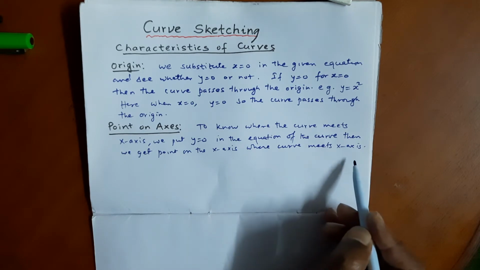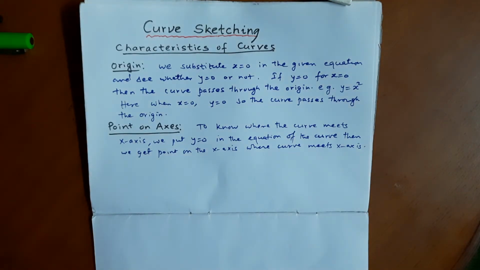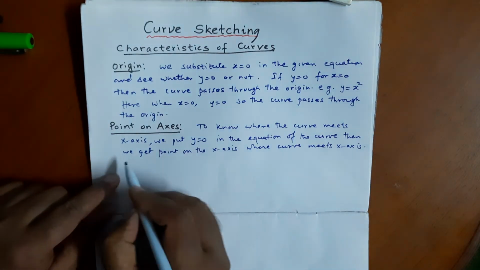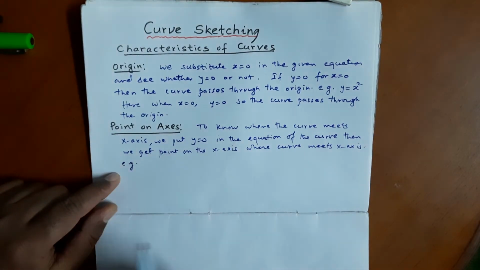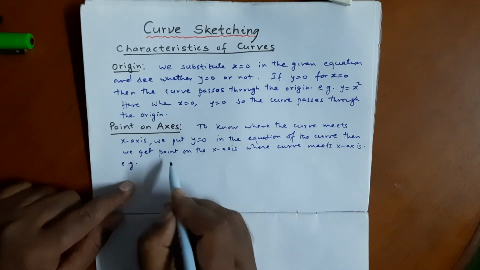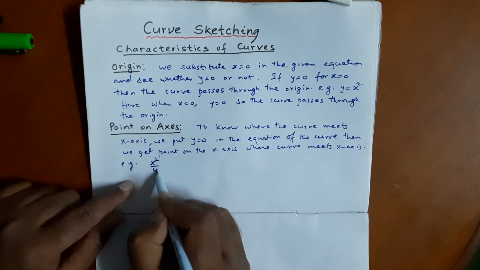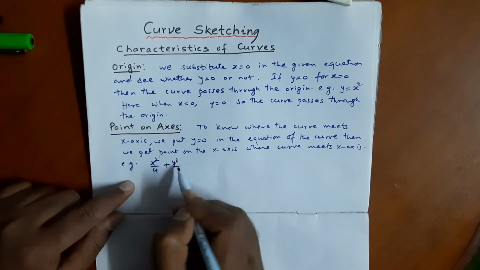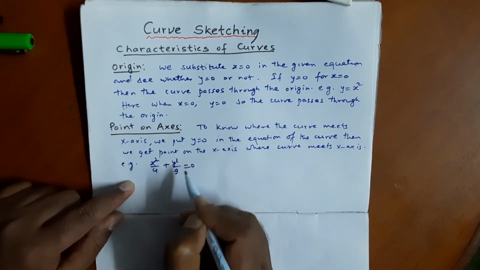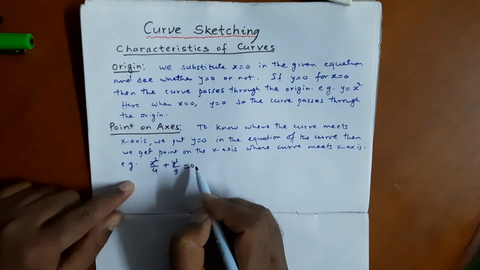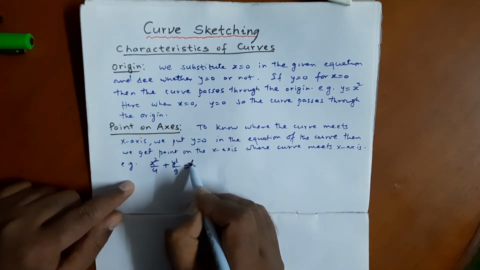Suppose, for example, there is one curve, x square over 4 plus y square over 9 equals, suppose it is 1.